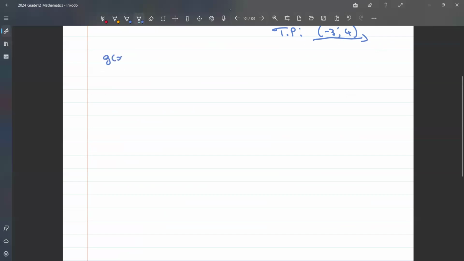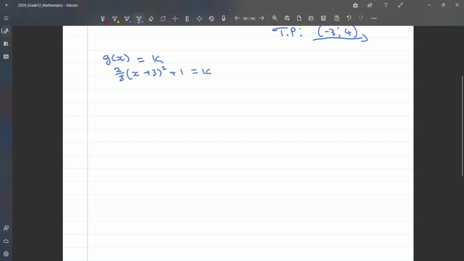We have to write g of x equals k. What we are going to do here is substitute our equation of g of x and also work with k there. We have 2 over 3 bracket x plus 3 squared plus 1 equals k.